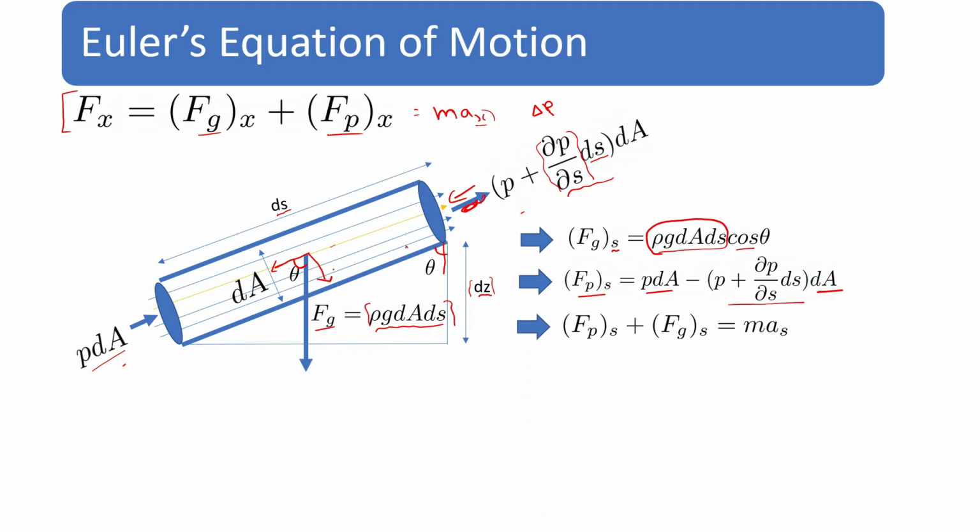And according to Newton's second law of motion, pressure force and gravitational force is equal to mass into acceleration. So acceleration, in the direction of the streamline, not in the x direction, we are taking along the streamline.